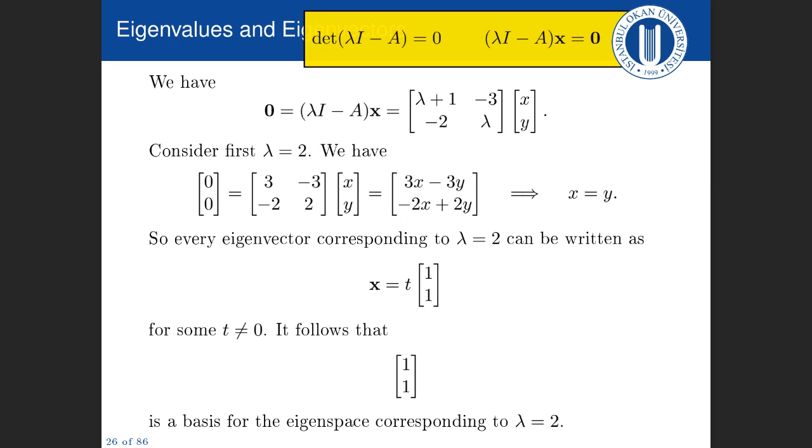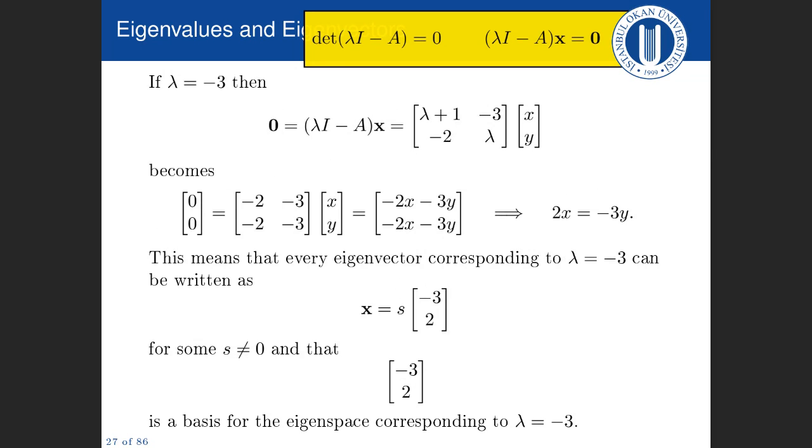And then we need to do the same calculation, but for the second eigenvalue, lambda equal to minus 3. So here's the whole calculation. If we put lambda equal to minus 3 in, then lambda I minus A becomes minus 2, minus 3, minus 2, minus 3.